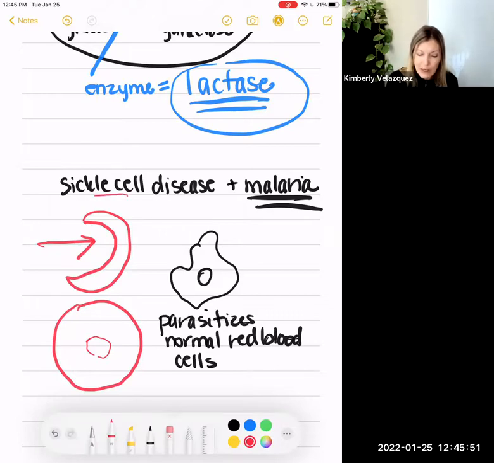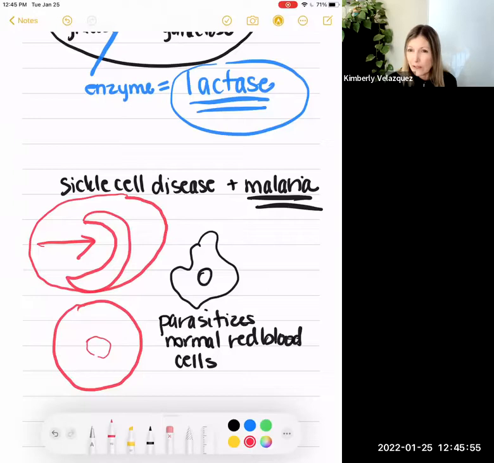This would normally offer a huge disadvantage. Okay, so in the United States, different environment, we don't have malaria. If you have sickle cell disease, you have severely reduced ability to carry oxygen. This is a big disadvantage compared to the normal red blood cell.